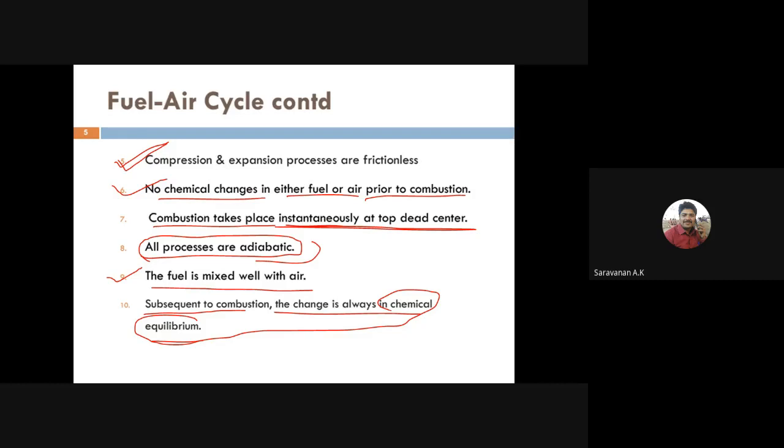But in the air standard cycle, the efficiency will be 54%, right? So why this much deviation? The reason is the values of the properties of the working fluid for the cycle analysis, right?